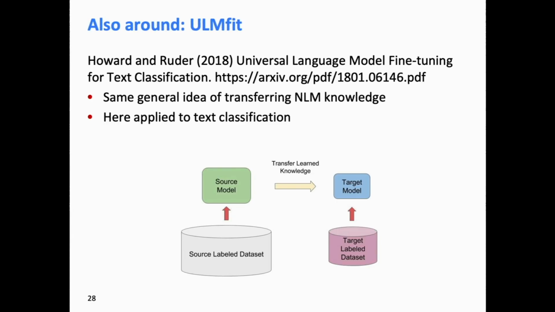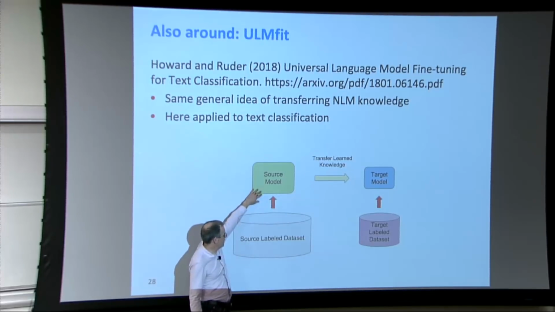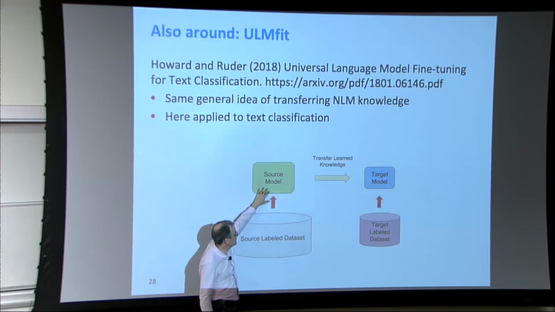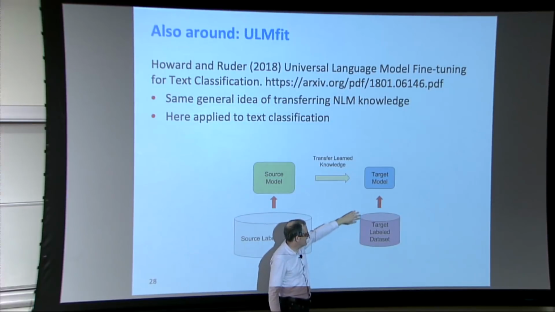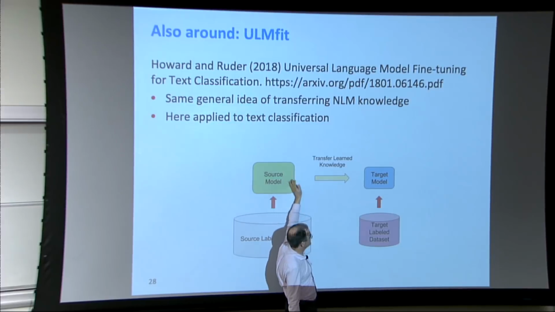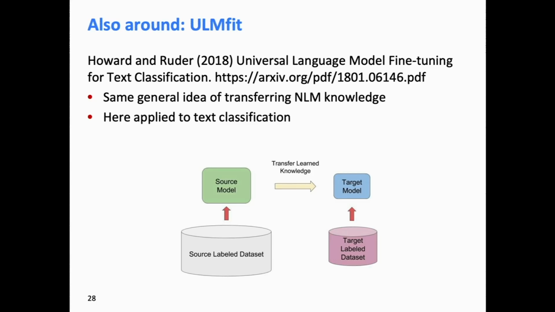And essentially this had the same general idea of transfer learning, where we could learn a big language model, and then for our target task, which might be named entity recognition, but here is text classification, we can transfer this language model information and help us to do better with the task.